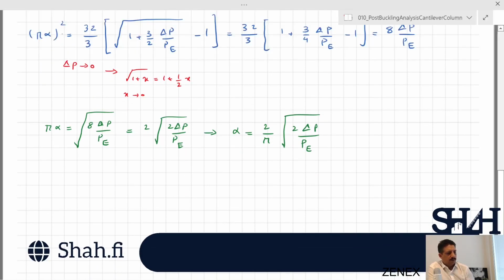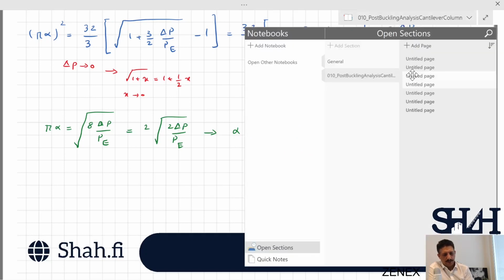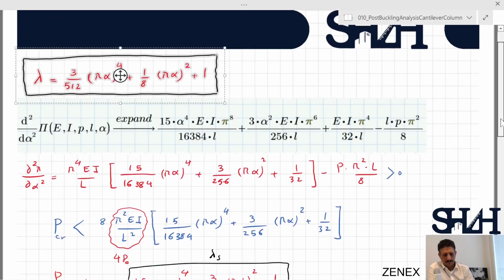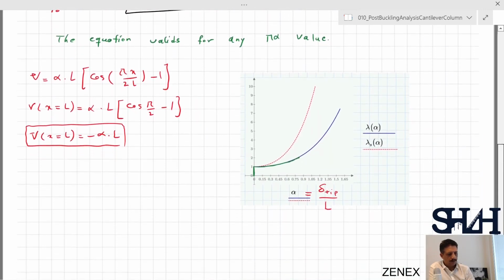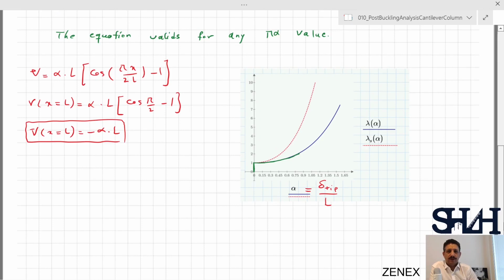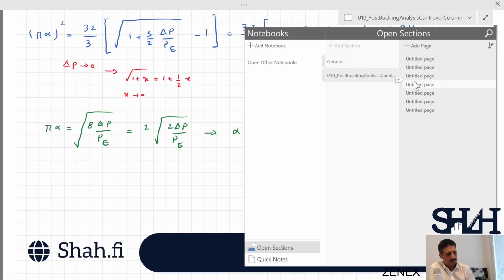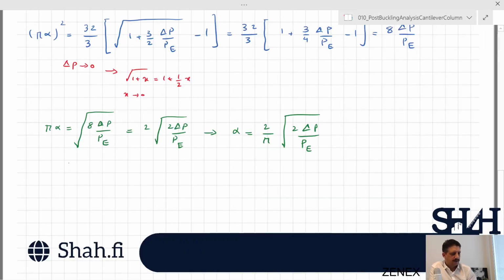Now, if we come back to the earlier discussion, alpha is delta at tip divided by L, and delta at tip will be the maximum value. So I can say that delta max will be alpha times L, 2L over pi square root of 2 delta P divided by PE. So this is the maximum displacement in the post-buckling phase.